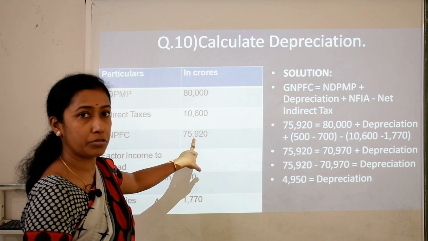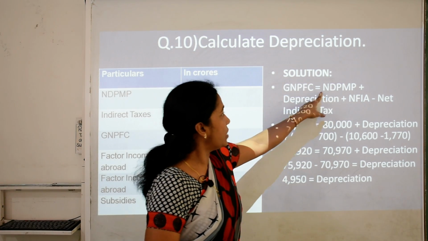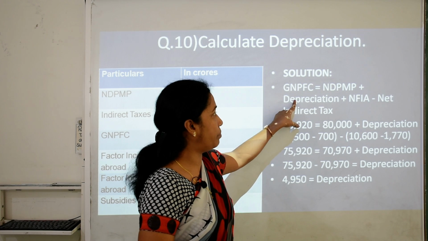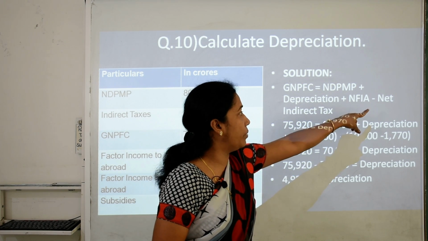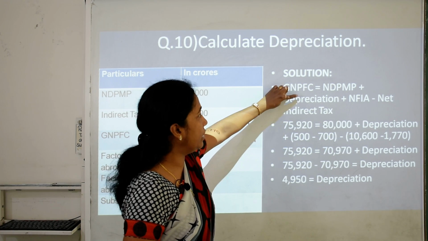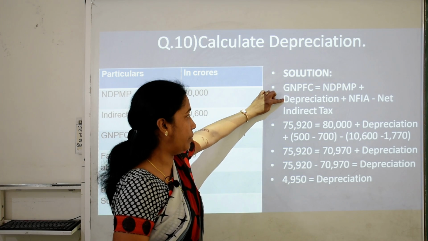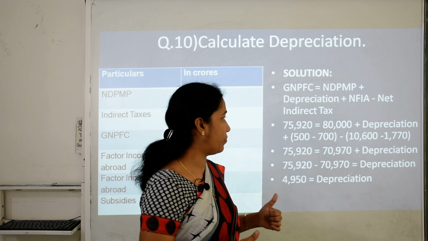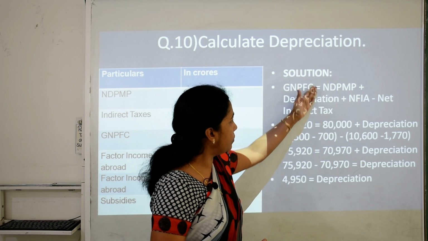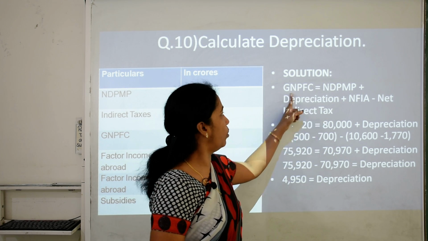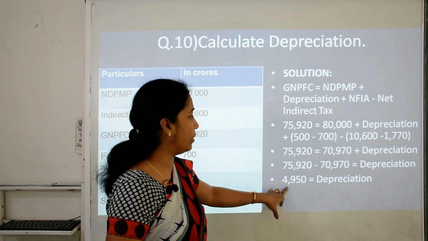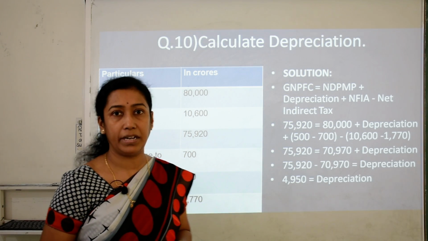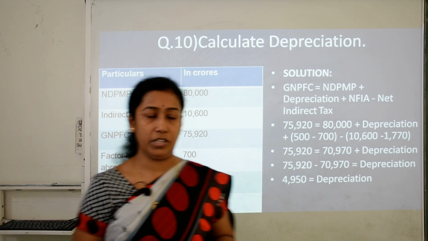Okay, this is 75,920 is equal to NDP at market price plus depreciation plus net factor income from abroad minus net indirect tax. Only thing is we need to calculate this depreciation. We will carry it as it is because number is not given. We are finding this only. Other all amount whichever is given of these formula, we will apply that and we will get the answer as 4,950 as depreciation.